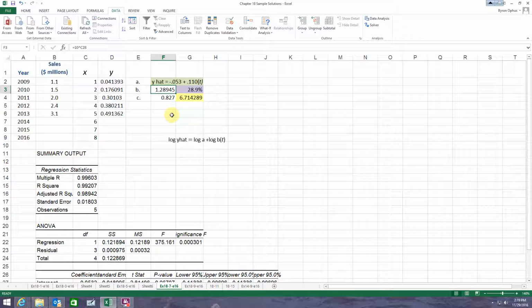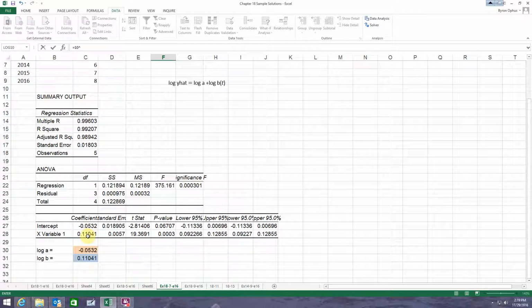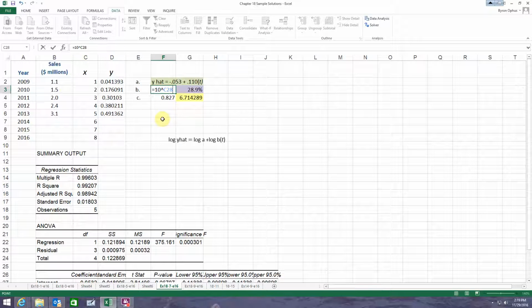Okay, so I can simply say this is equal to 10 and use my y hat to this power. Oops, I got it right. Okay, boom. There it is. How do I get this? Well, this is simply equal to, oops, I'm sorry, simply equal to this minus 1. Okay, and put it in the form of a percent, and that tells me what my growth rate is. Okay, and that's good information to know.